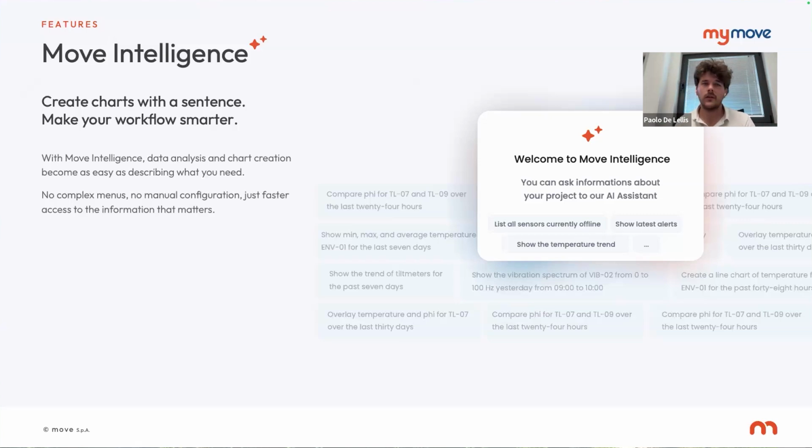Move Intelligence is something that we are developing, and you already find Move Intelligence in the platform, and you can, of course, use it, and it allows you to simplify the analysis of the data that you obtain from the tools and from the sensors that you have in the platform.